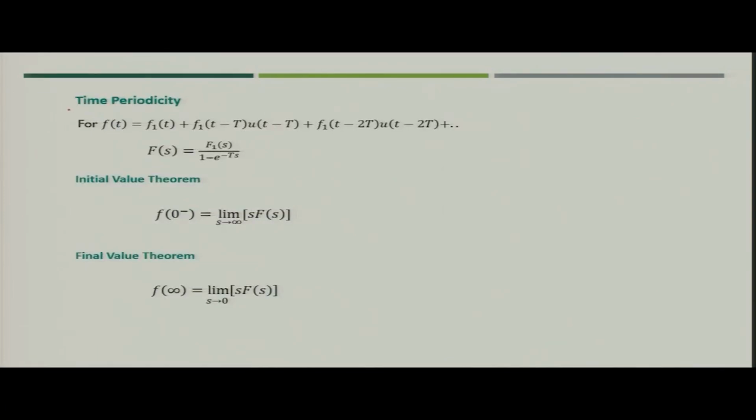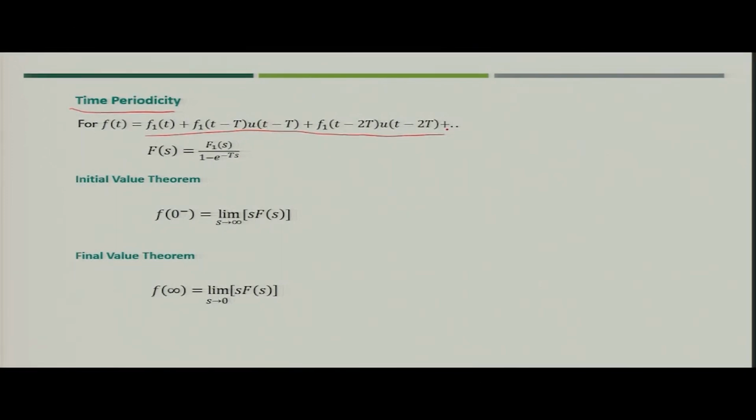Now, next the time periodicity, we discussed that if the function is a periodic function, it can be given as a series like f1 t plus f1 t minus T, that means time shifted by the period T multiplied by unit step, and so on.